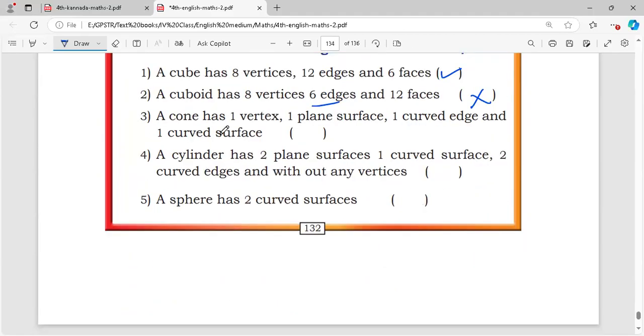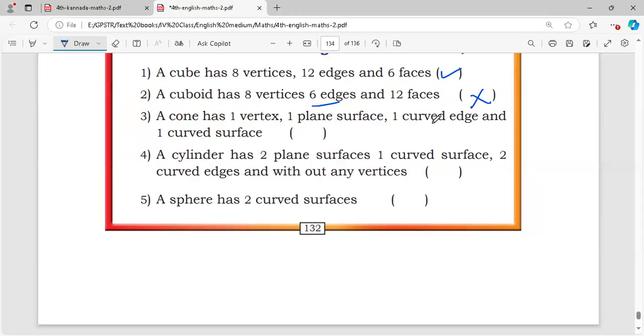A cone has one vertex, one plane surface, one curved edge, and one curved surface. A cone has one vertex, right? One plane surface. Plane surface means circle. One curved edge, right?